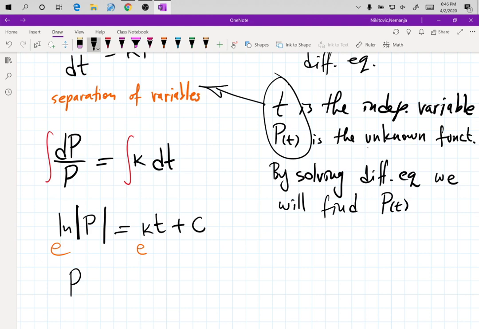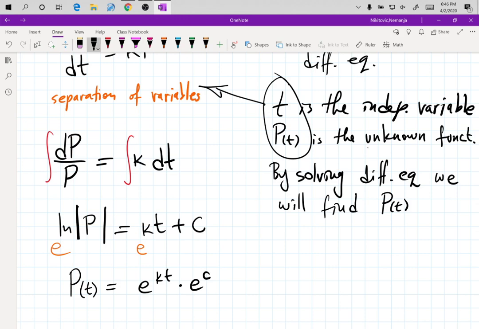A population of 0 means there is nothing around, a population of 1, a population of 10 million, but a population of negative something? So no, we don't need that absolute value. It's a function of time, so you can put p of t. And on the other side, we're going to have e to the kt times e to the c.